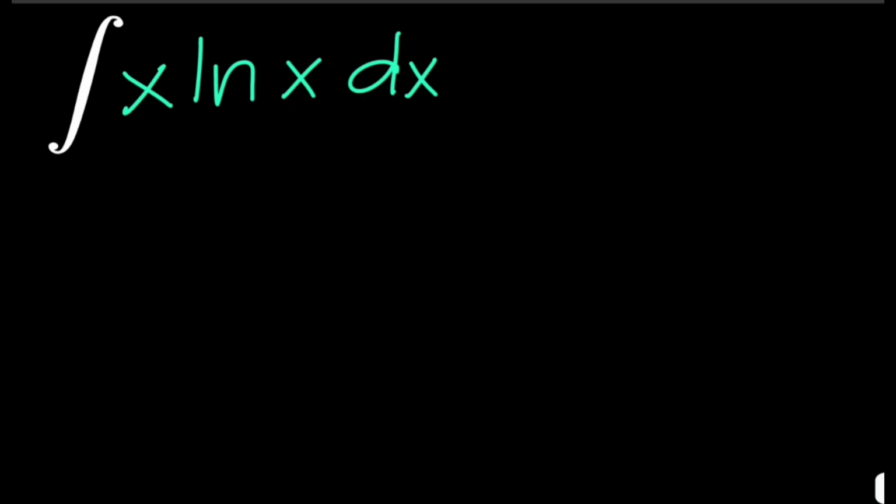All right, now we need to integrate x ln of x dx. So in this case, we let u be equal to ln of x. So we choose logarithmic first before the algebraic or polynomial.